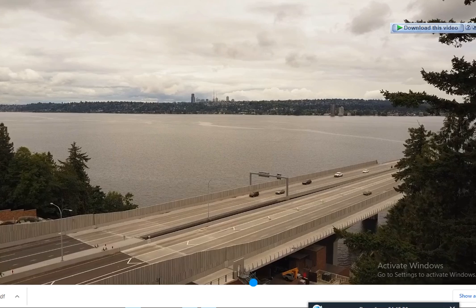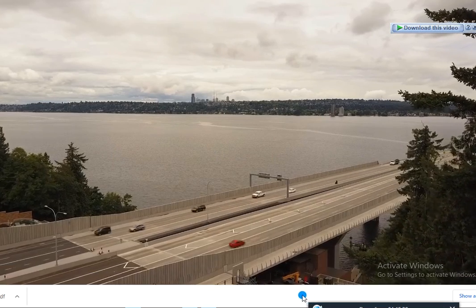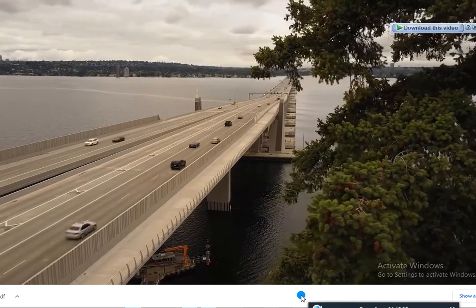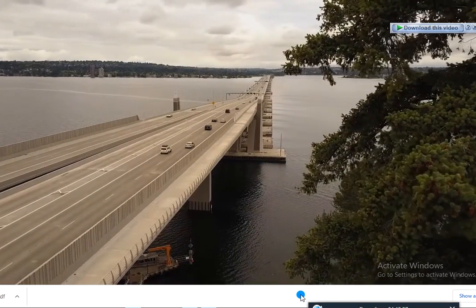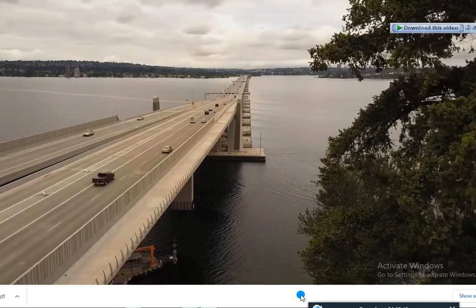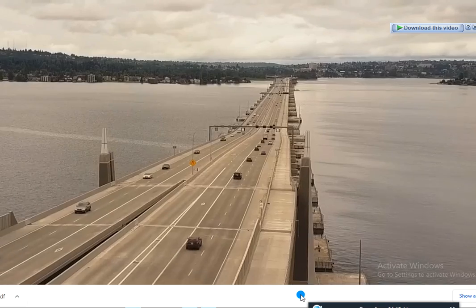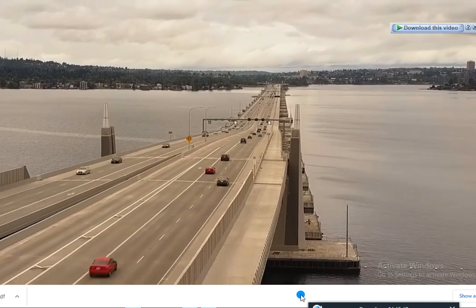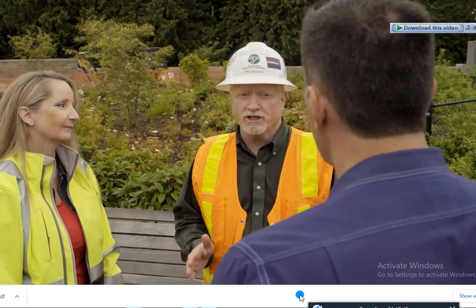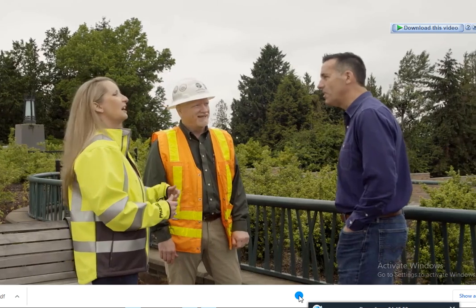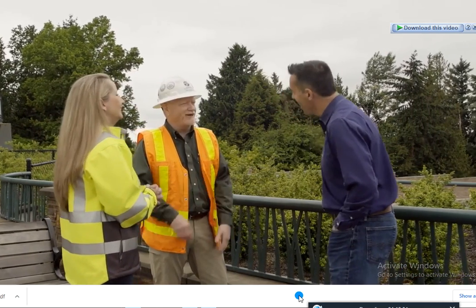It really connects two communities with each other. It is the largest floating bridge in the world, more than 1.4 miles from end to end. It now has 6 lanes rather than 4, and with an eye to the future, it also will eventually be able to accommodate a light rail. As you might imagine, a project like this was a colossal undertaking, and NECA contractor DBE Electric was thrilled to play a role, especially because of the programs put in place by the Federal Highway Administration to use small and minority-owned businesses on the project.